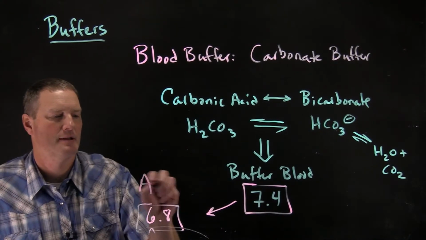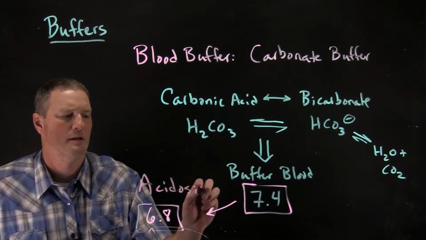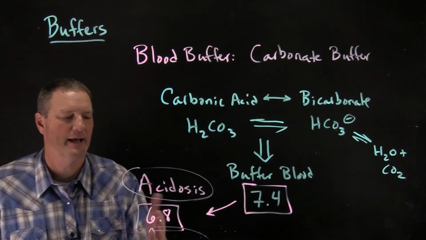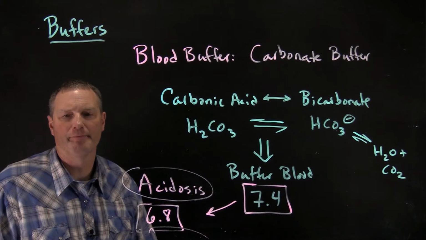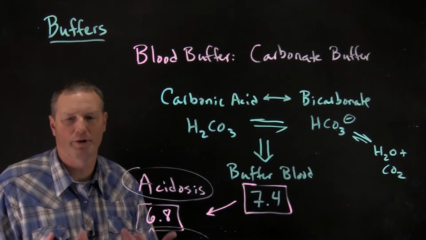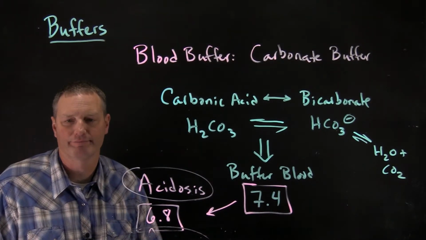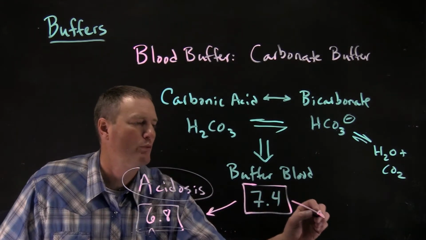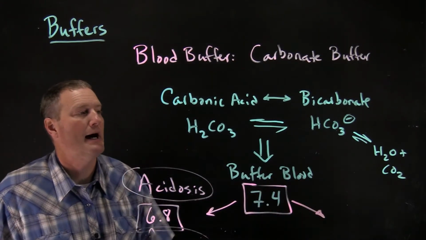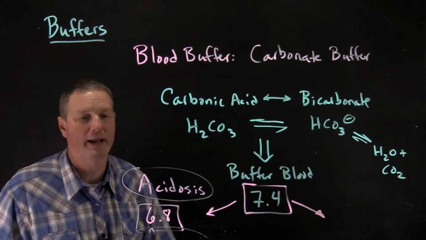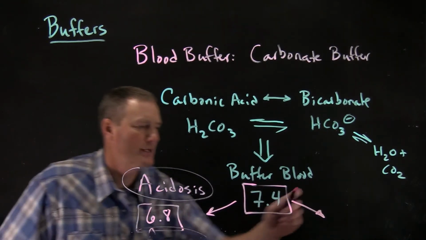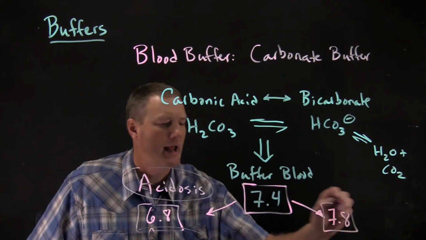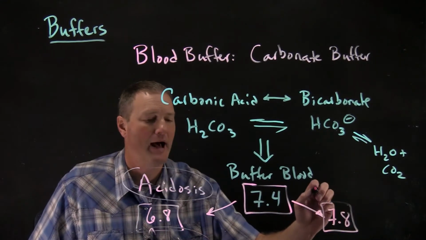Acidosis. So if the blood pH drops well below 7, down to around 6.8, the blood is called acidotic, or the patient would have a blood acidosis. Conversely, if the pH in the blood were to increase, and we're now shifted more towards the bicarbonate anion, this would now have usually a pH of around 7.8 or greater, and that's called alkalosis.